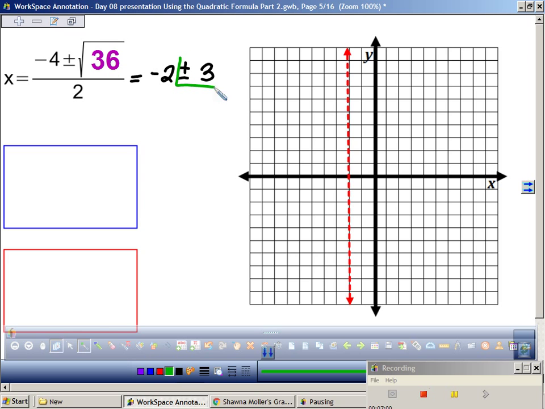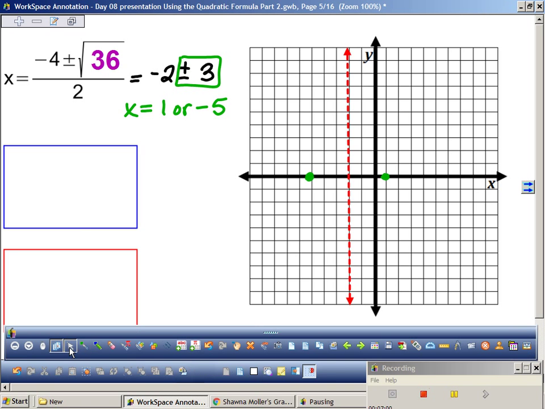So we're going to go plus or minus 3, which gives us x equals 1 or -5.